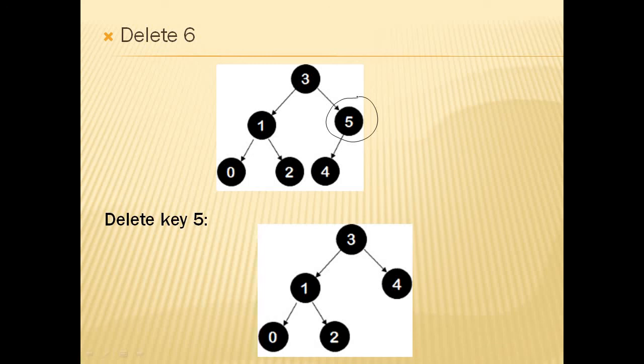We just need to replace it with the child. So I replaced it from here to here and removed it. But after deletion, you need to check the balancing factor. Now the balancing factor is 2 minus 1, it is 1, no problem. And this one is 0, it is also 0.